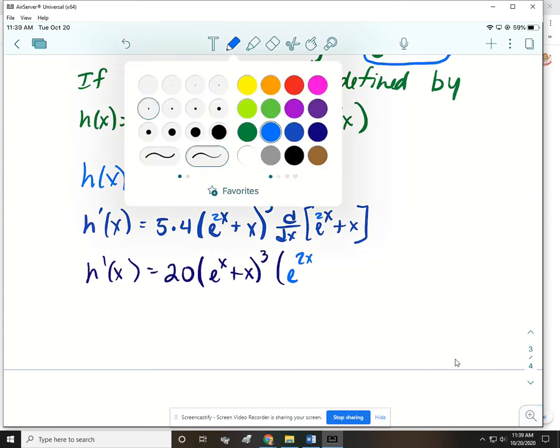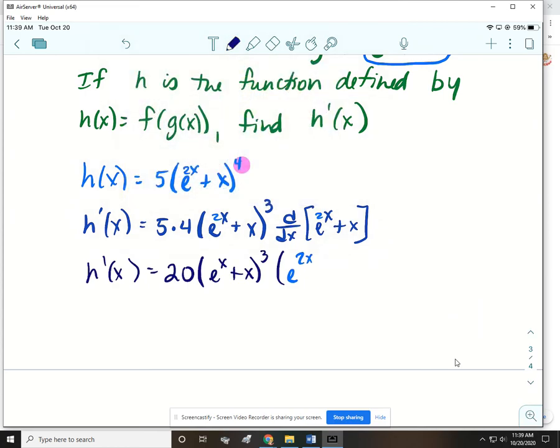But whenever that something isn't just x, we do have to multiply by the derivative of it. All right, and then plus the derivative of x is just 1.